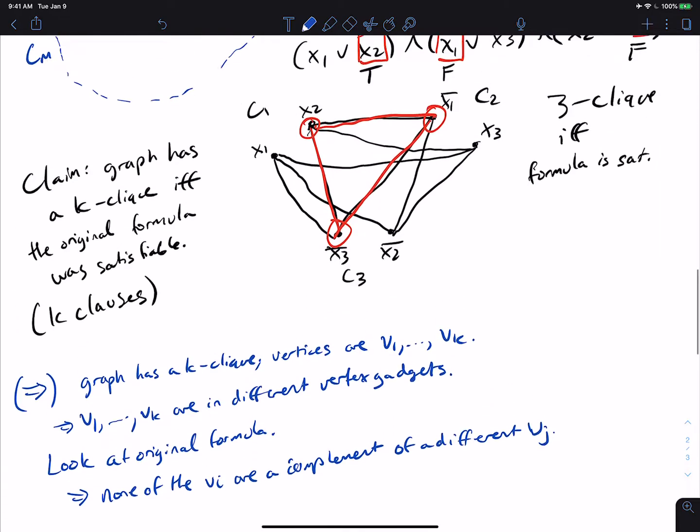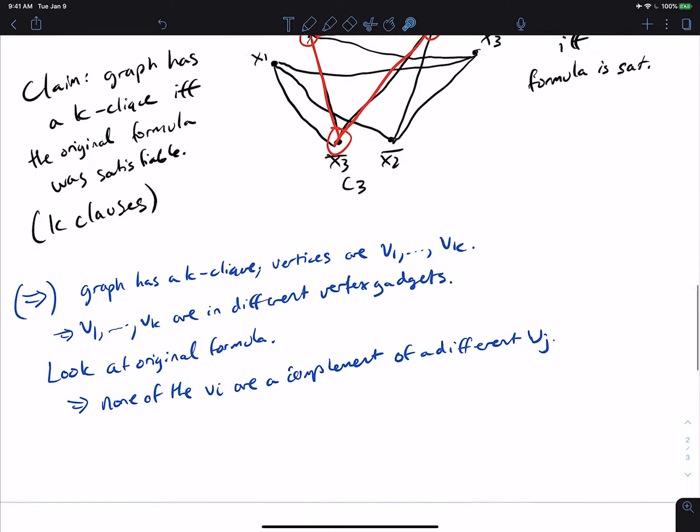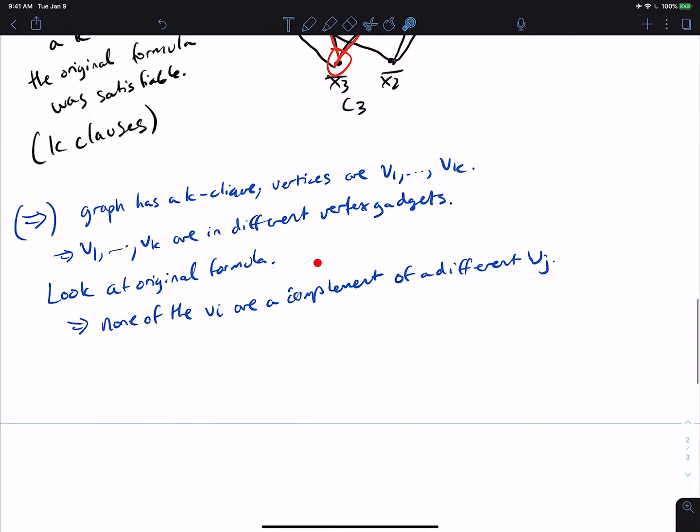Because we didn't form an edge from, say, this x2 right here to this x2 bar; we didn't make an edge going from one to the other. And that's why it's important right here, because these are the so-called witnesses for the clauses to be true.